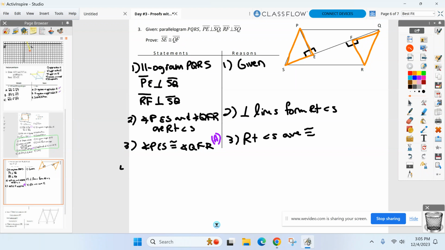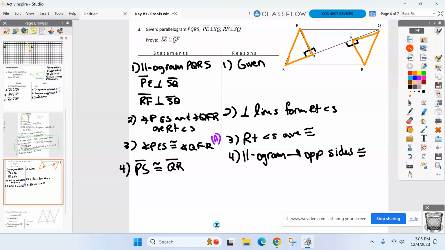Next up, I think the next easiest to look and see is, hey, because it's a parallelogram, side PS is congruent to its opposite side, QR. Parallelogram implies opposite sides congruent. So that gives me a pair of sides. And finally, now here's that darn third pair, right? That we have to search and search for.